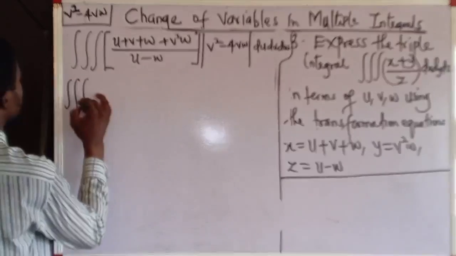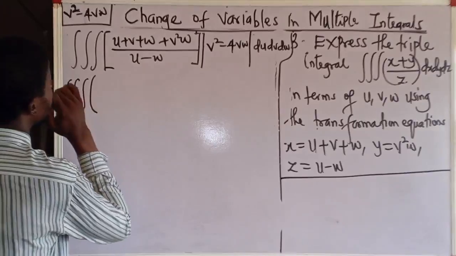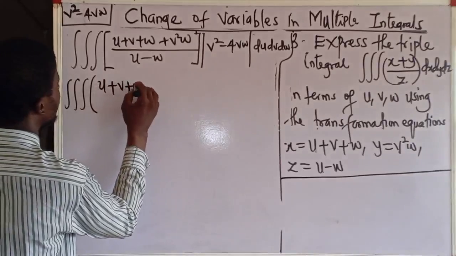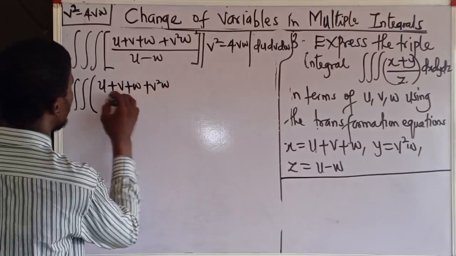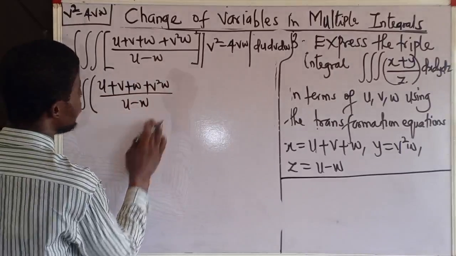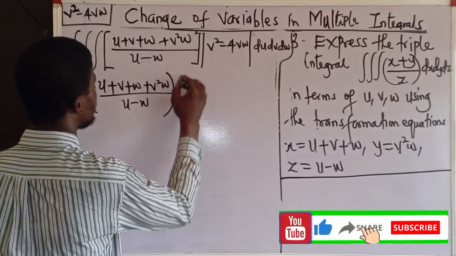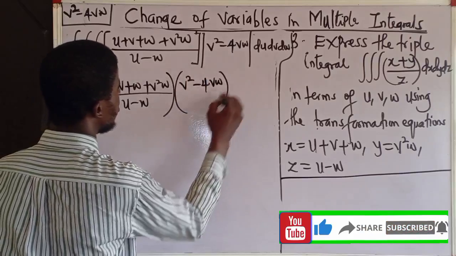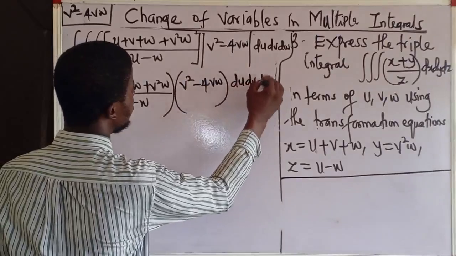So this is the triple integral of, let's see, okay, there are no like terms there. u plus v plus w plus v squared w, all over u minus w, times this v squared minus 4vw, du dv dw.